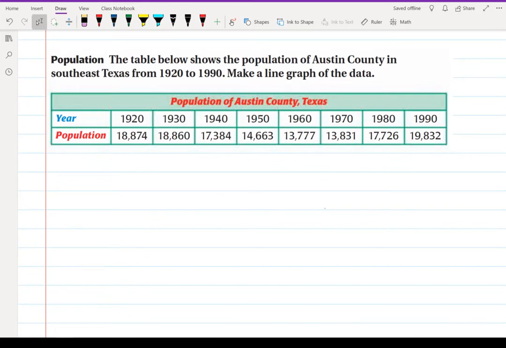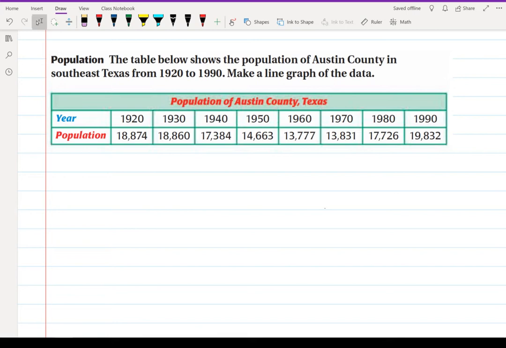The table below shows the population of Austin County in southeast Texas from 1920 to 1990. And it says make a line graph of the data. So perhaps this county wants to know how they are doing in terms of their population, whether it's doing well or it's declining, and they want to also find out what they can do about it.